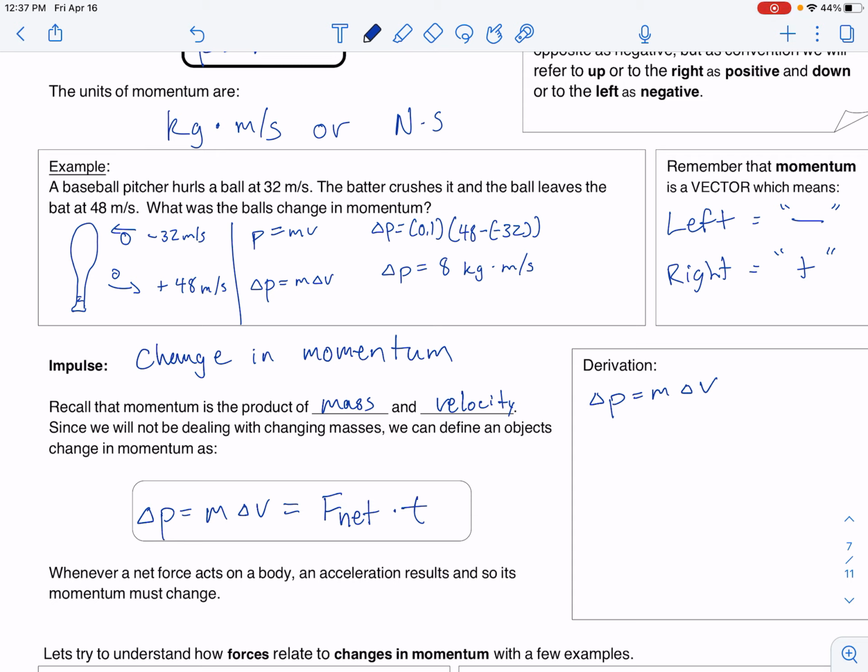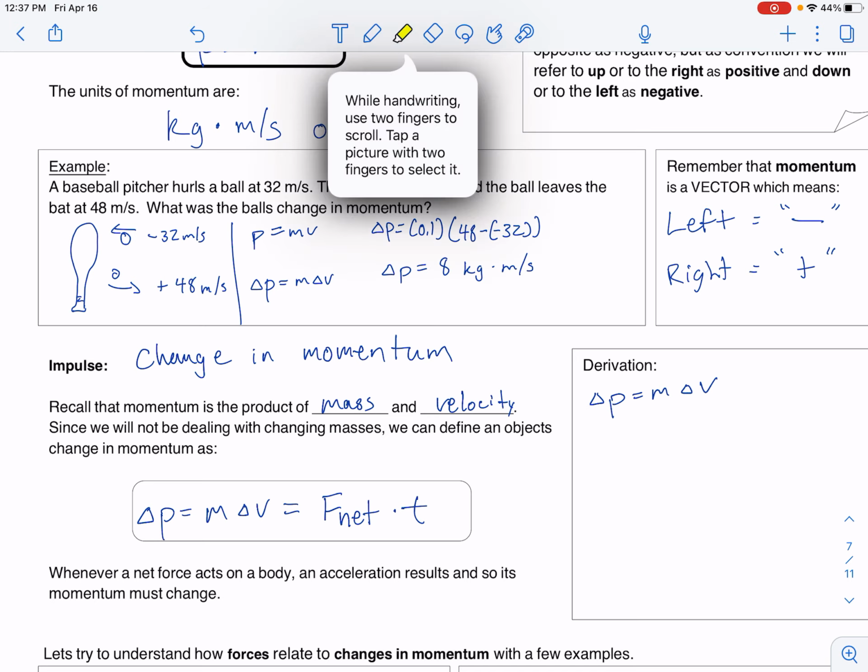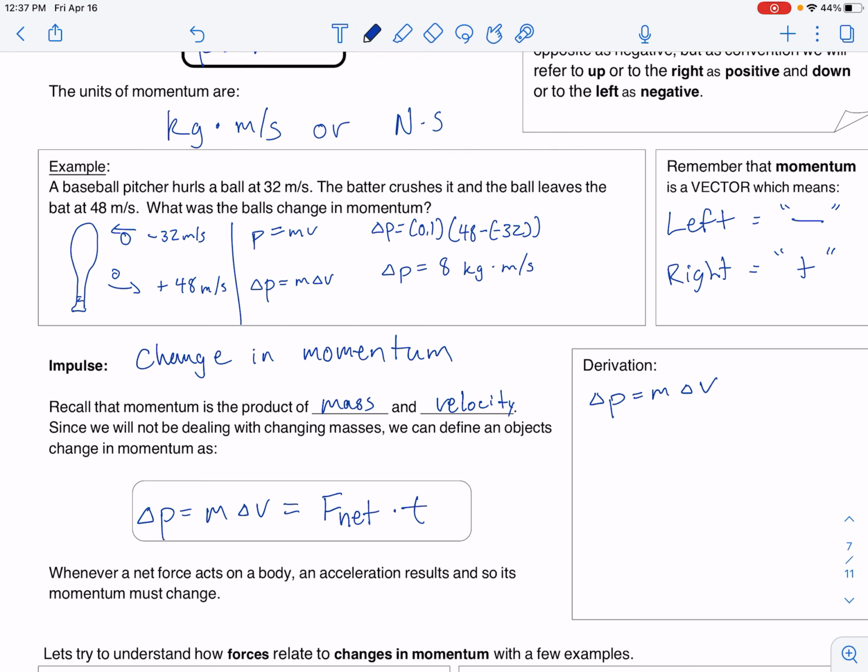So we have mass times change in velocity. We know that our change in velocity is going to be equal to acceleration, because we know that acceleration is change in velocity over time, which also means that our change in velocity is equal to acceleration times time.